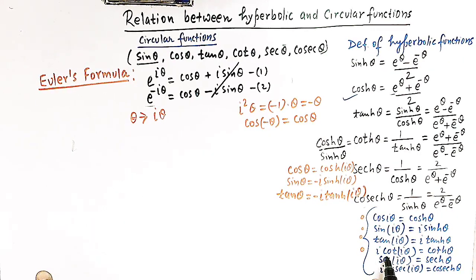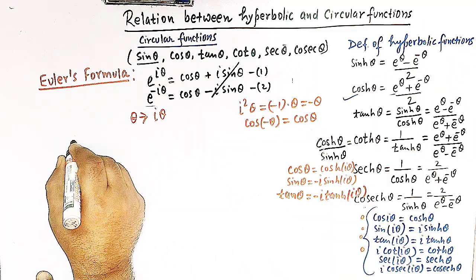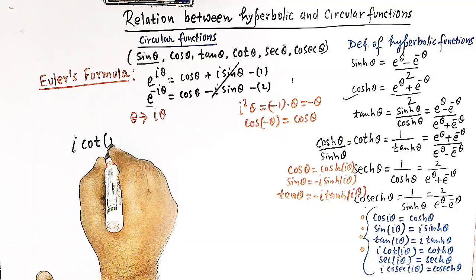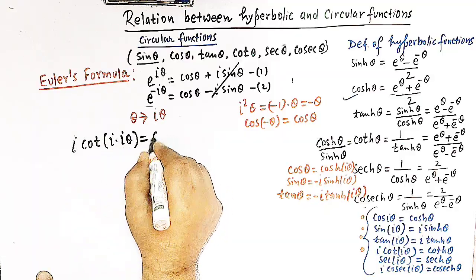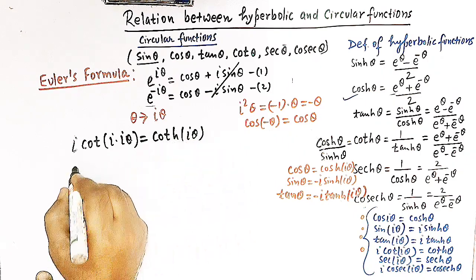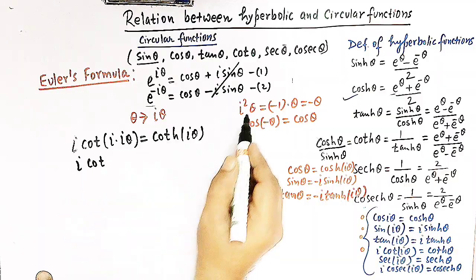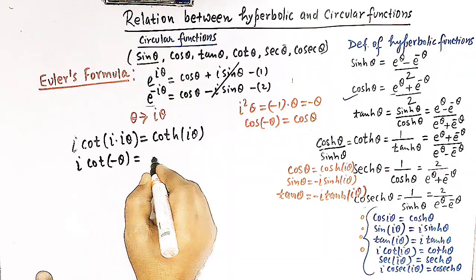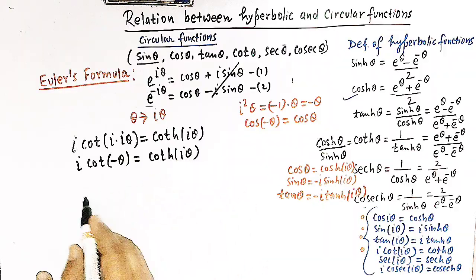Now let us replace theta by iota theta in the fourth relation. We have i, then cot(i·iθ), equal to the hyperbolic cotangent of iθ. So here we have i cot, and this is i²θ, that is minus theta. So we have minus theta and coth(iθ).